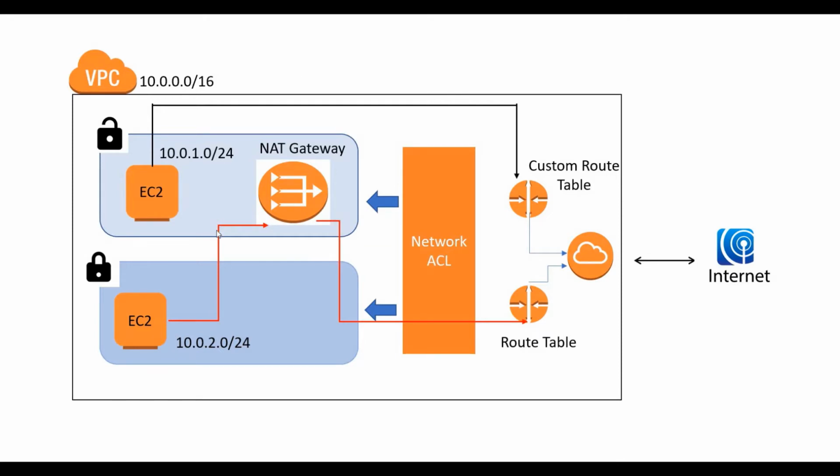As I said, I create two subnets. I'll make subnet 1 a public subnet. If you join this particular subnet with an internet gateway, then this subnet will become a public subnet.